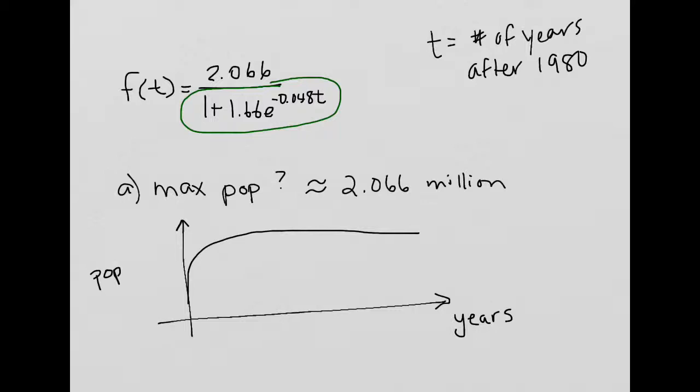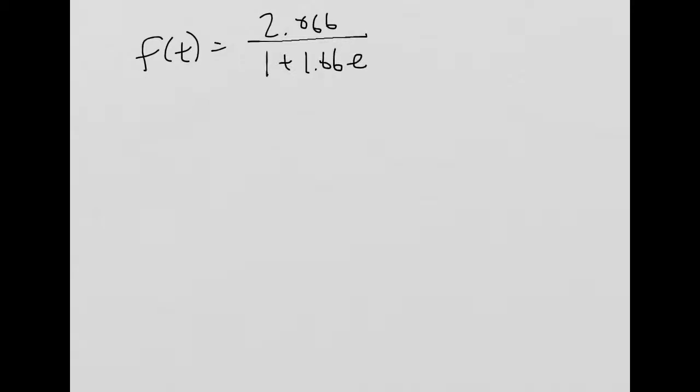Now let's look at how to calculate. Let's look at the equation again. So f of t is equal to 2.066 over 1 plus 1.66 e to the negative 0.048 t.